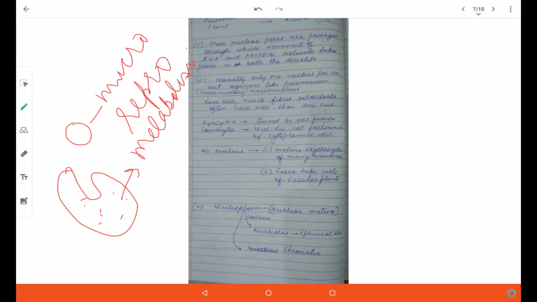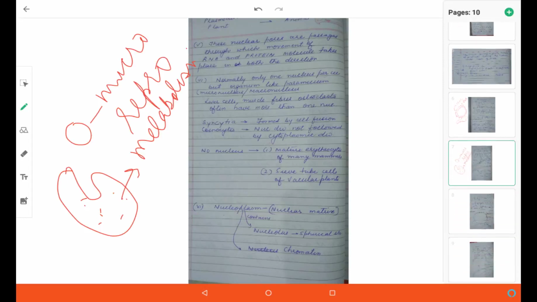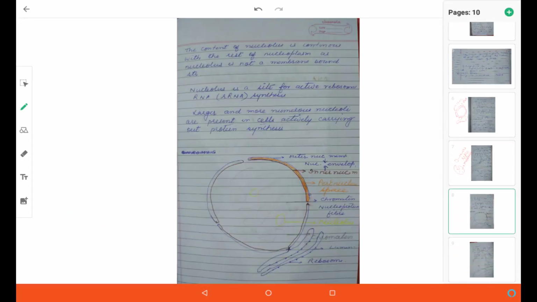The nuclear matrix contains one special structure called nucleolus, and another is chromatin material. The content of nucleolus is continuous with the rest of the nucleoplasm. Nucleolus is not a membrane-bound structure. However, it is the site for formation of ribosomal RNA.